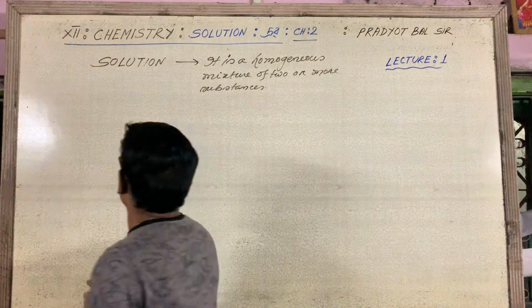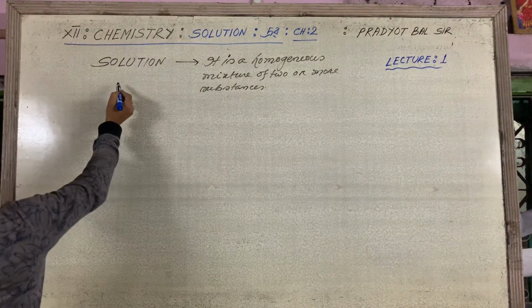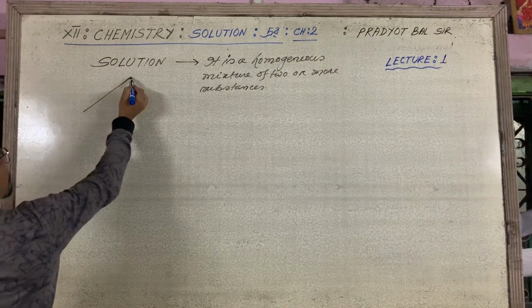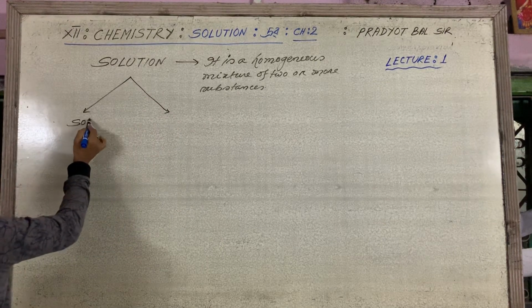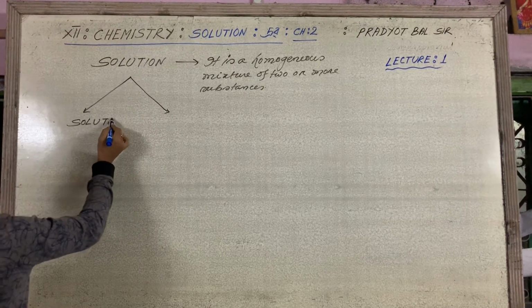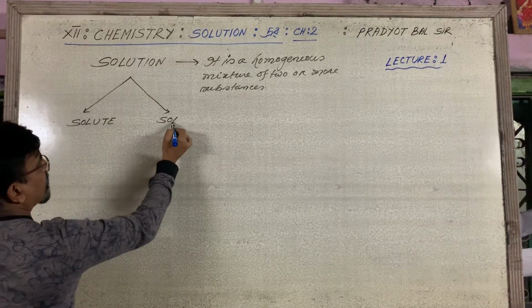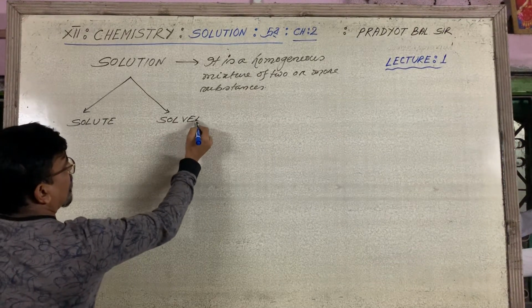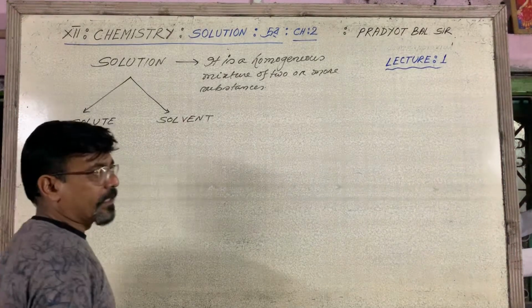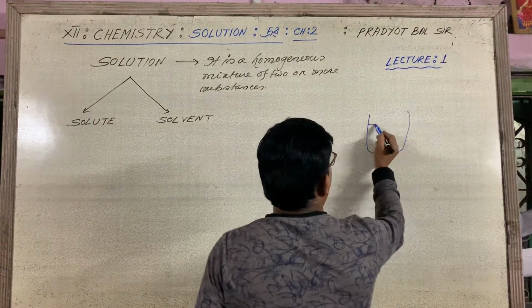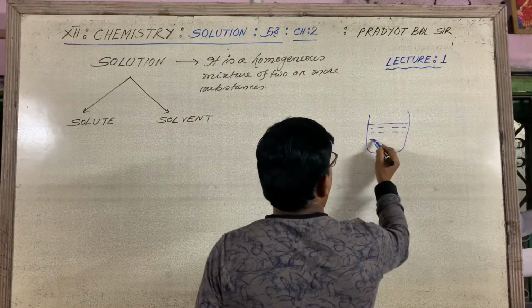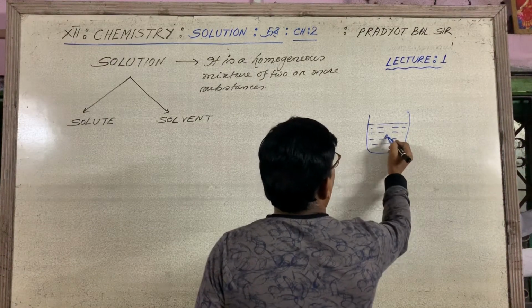Now, to understand this, a solution is always composed of two components. One is known as solute and the other one is known as solvent. For clear understanding, imagine that you have taken a glass of water, H2O.